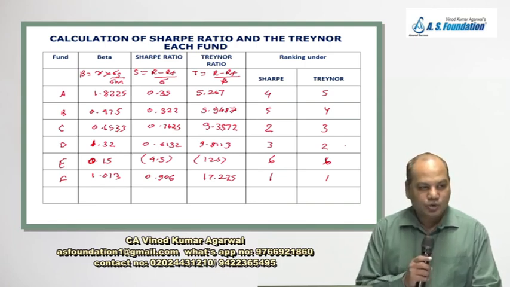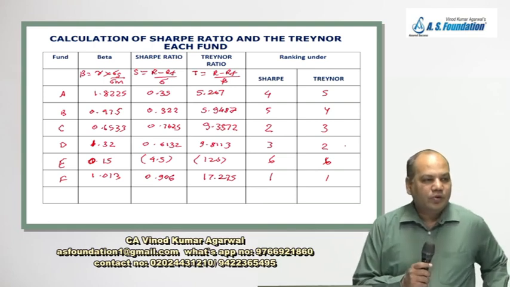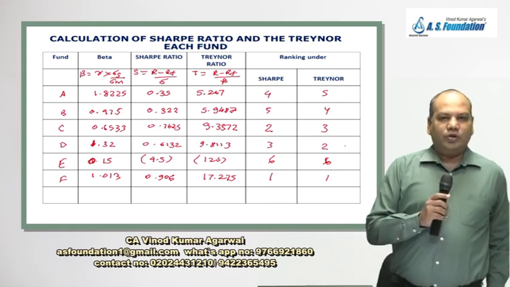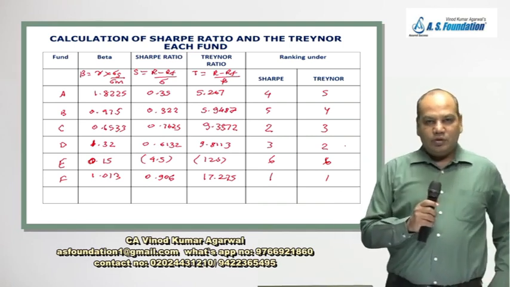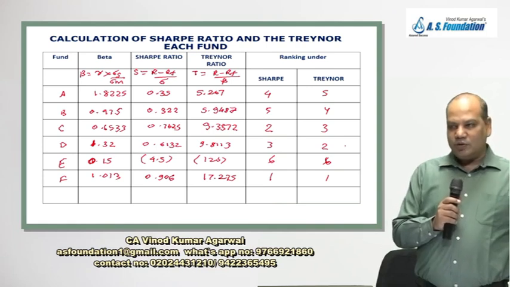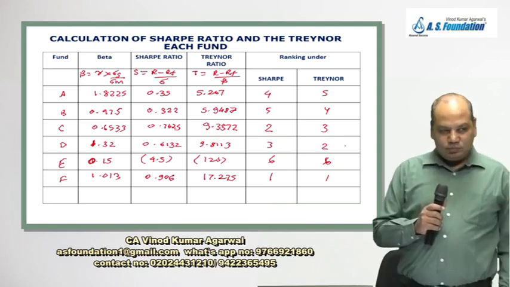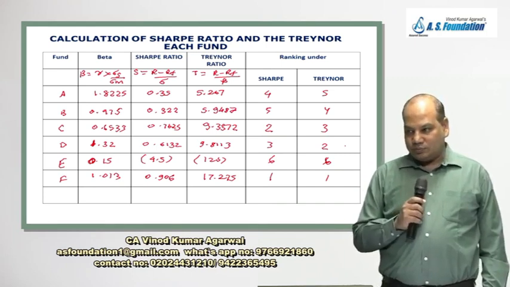Sharpe ratio uses standard deviation, whereas Treynor ratio uses beta as a measure of risk.